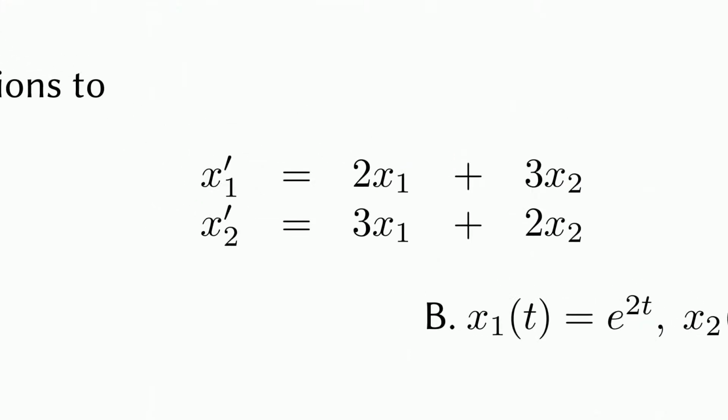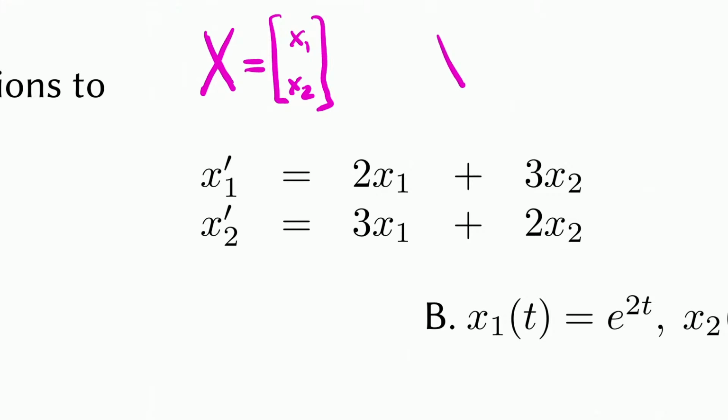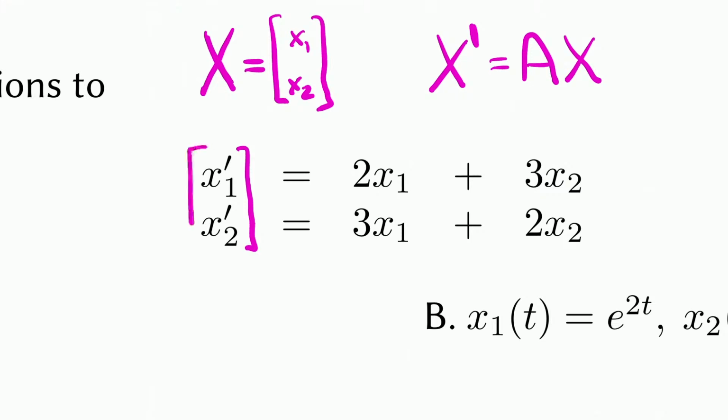So once you have this system of differential equations, we could rewrite it like this. I'm going to use big capital X to represent this vector, x1, x2. And the way I would write this is big capital X prime is equal to some matrix, we'll explain in a minute, times big capital X. So big capital X prime is this thing right here.